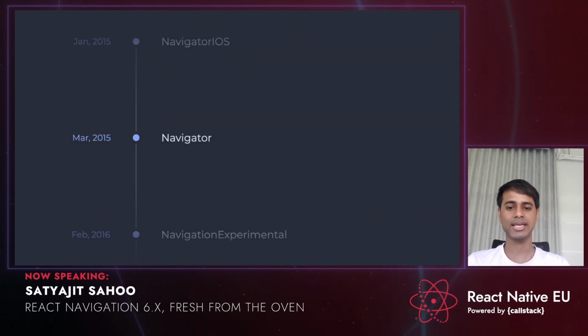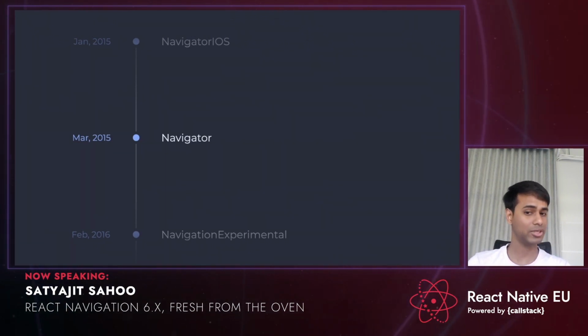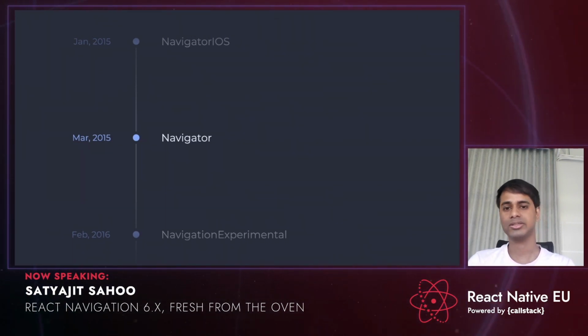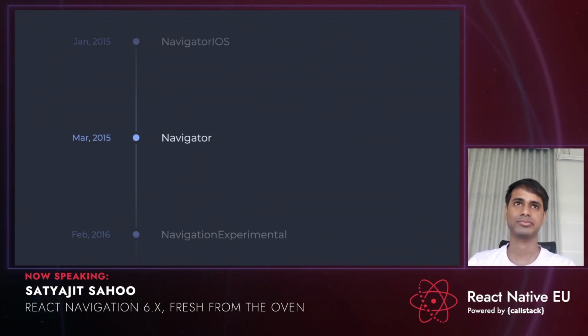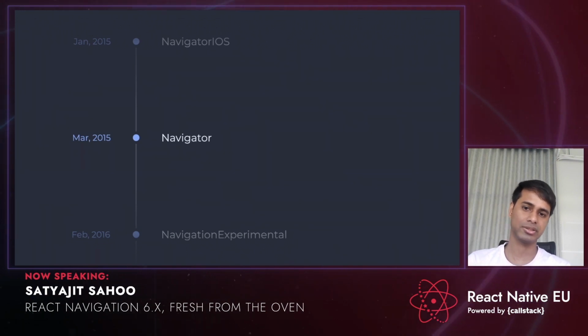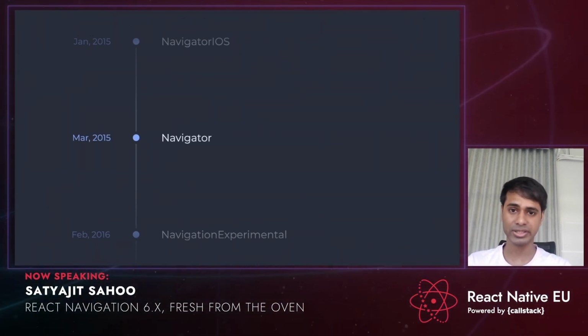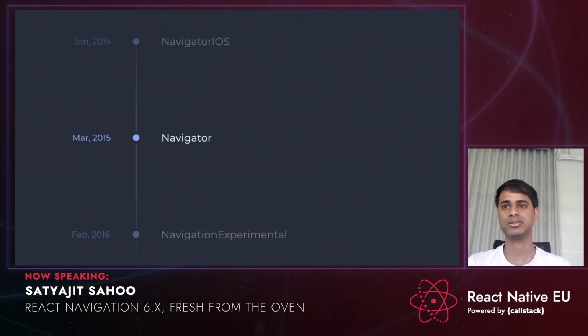When React Native launched on Android, we needed a new navigation library since Navigator iOS did not work on Android. So Navigator was born. Navigator was fully written in JavaScript and did not use any native APIs. It was a little bit more customizable than Navigator iOS since you could change a lot of stuff.